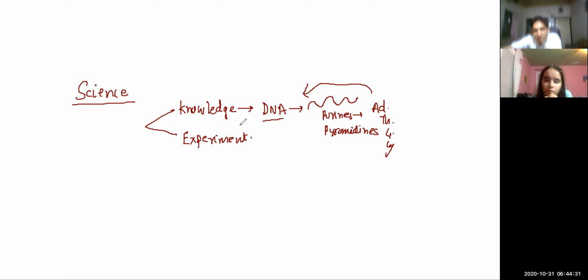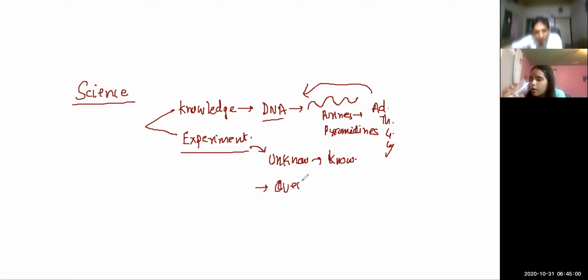So they are knowledge-based passages. The second category of science passage is an experiment-based passage, where they tell you how they approached a particular problem, going from unknown to known, from query, from quest, to answer.